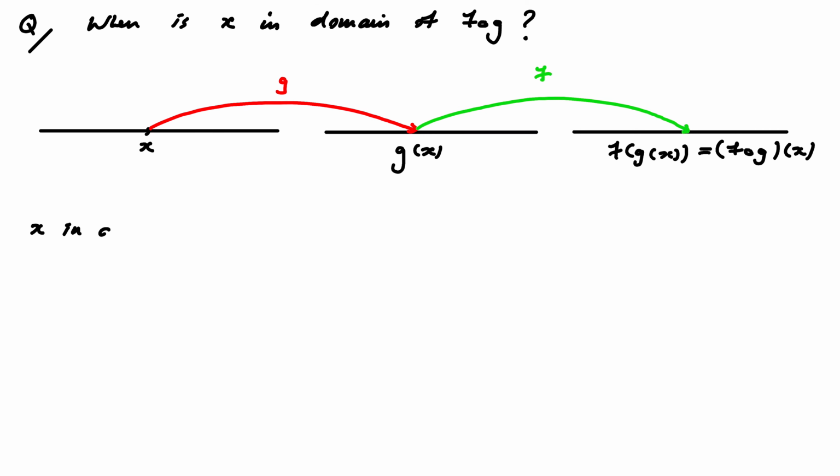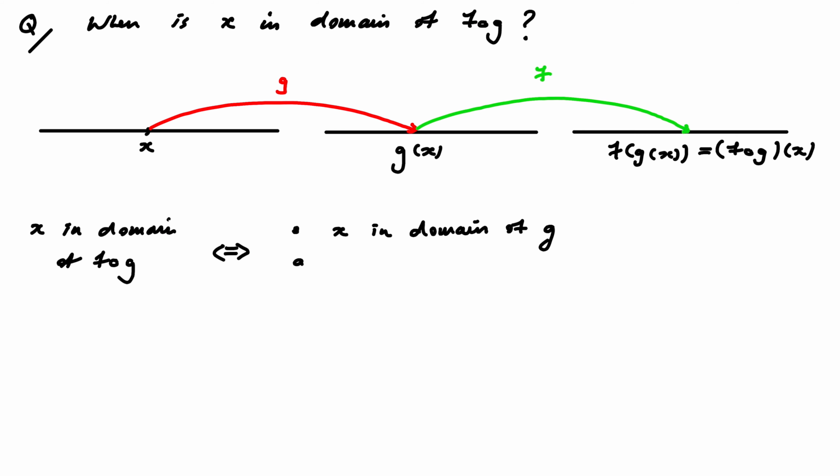So this picture tells me the following. x is in the domain of the composite if and only if two things happen. The first thing is x is in the domain of g. So that's the first arrow, it needs to make sense.